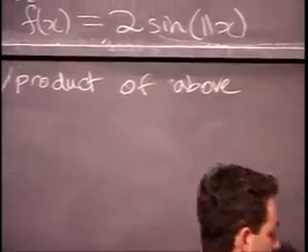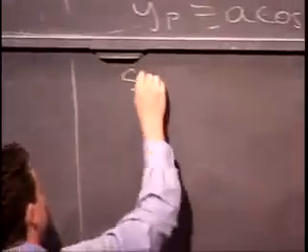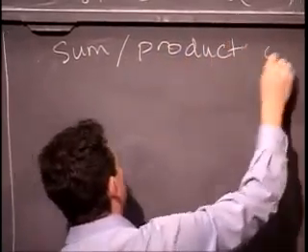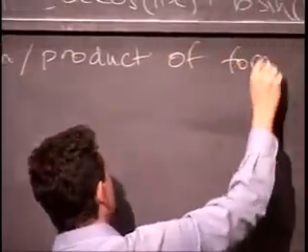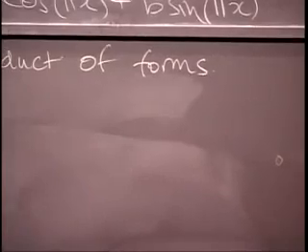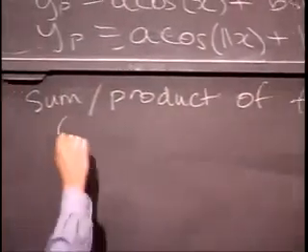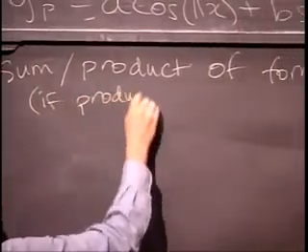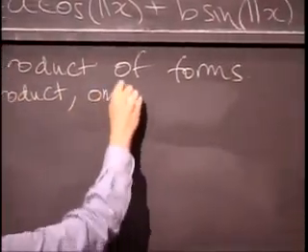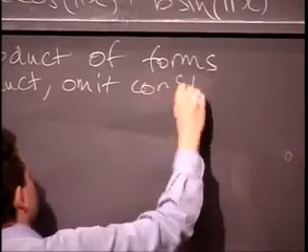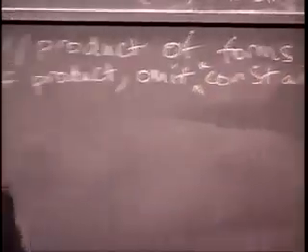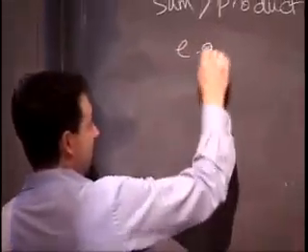And I'm going to write that then you also get the sum or product, as appropriate, of the forms. And I'm going to add something a little cryptic, which will make sense in a few seconds. If a product, omit a constant. Okay, don't worry about what that means. It will become clear when we look at a bunch of examples in this category.